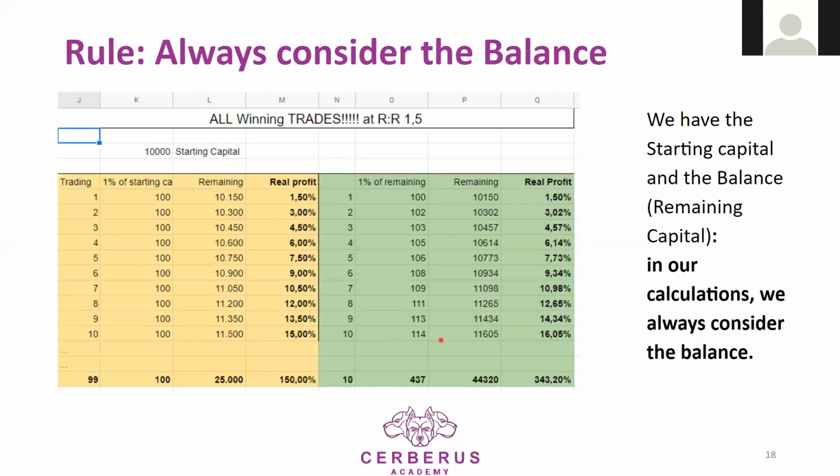So we are using the balance in the lot size calculation and not the starting capital. What we are doing is compounding the profits, and we are maintaining the same risk, but we are achieving a better profit.